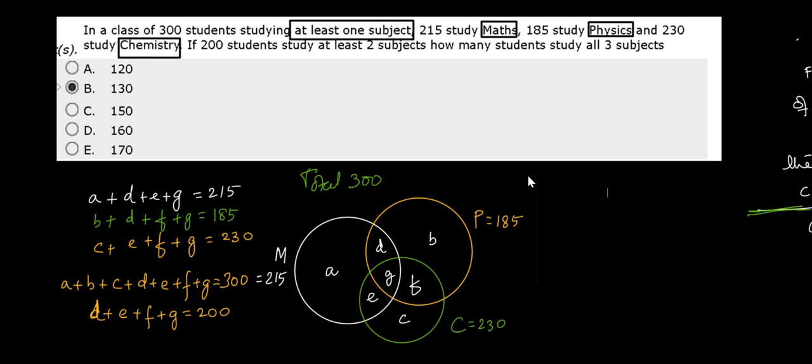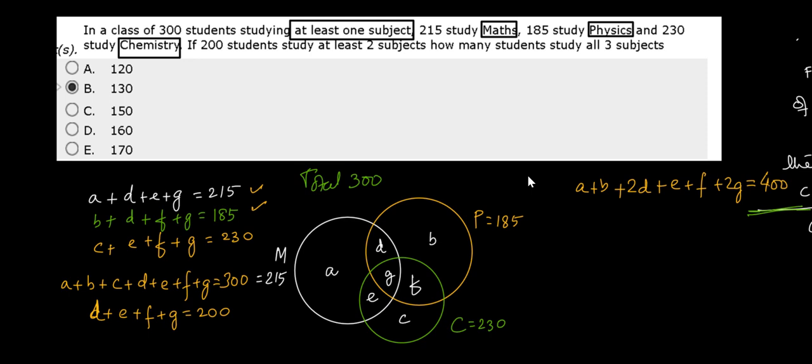Let us add the first two equations. That means A plus B plus 2D plus E plus F plus 2G is equal to how much? These two equations add up to 400.